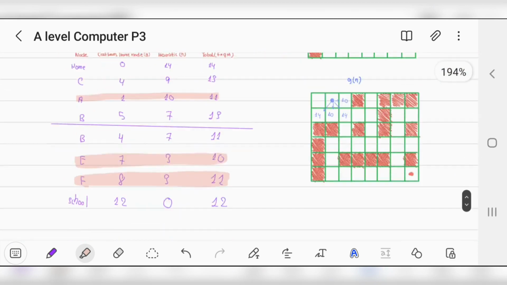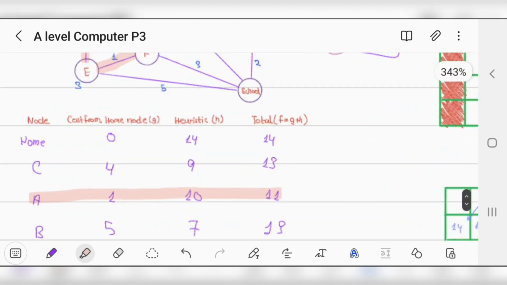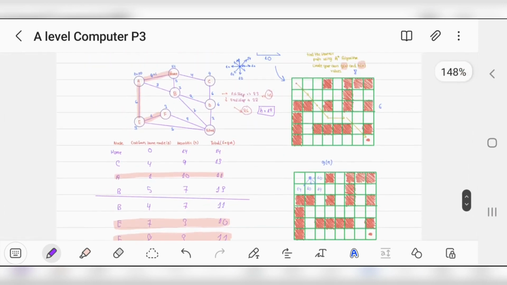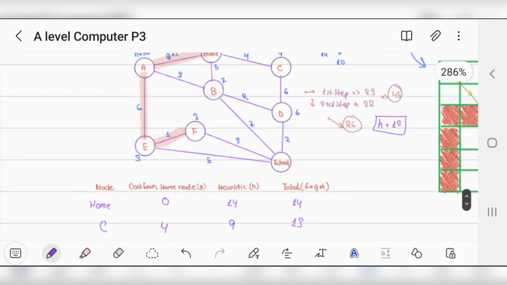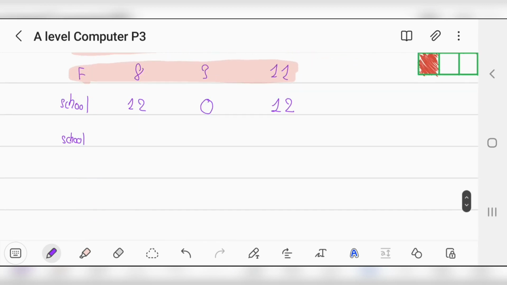Going to home, I mean the school, and calculating this: 1 plus 6, 7, 8, 9, 10, 11. 11 should be the cost. Write down 11.